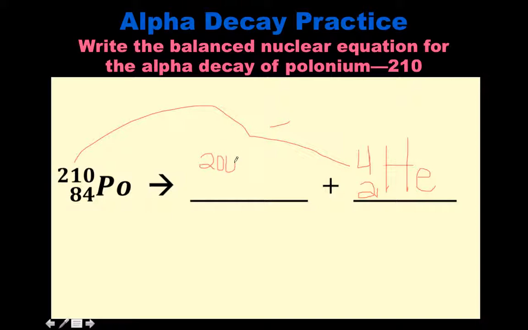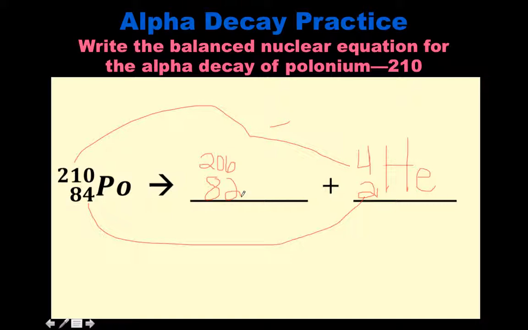Now to find out what that mystery element is, we're going to take 84 and subtract 2 from it, so then we get element 82. Now I have to go to my periodic table to find atomic number 82.